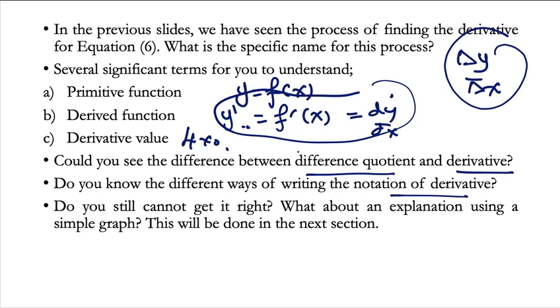There are also some other ways of writing the derivative. I want you to try to learn different ways of writing it and what they mean. The next thing is to show you the process of the derivative and how it can be related to the slope of a curve, because all this while when you studied the derivative and the slope, we understood it as the same thing. But is it the same thing or not? This is what we want to see in the next section.